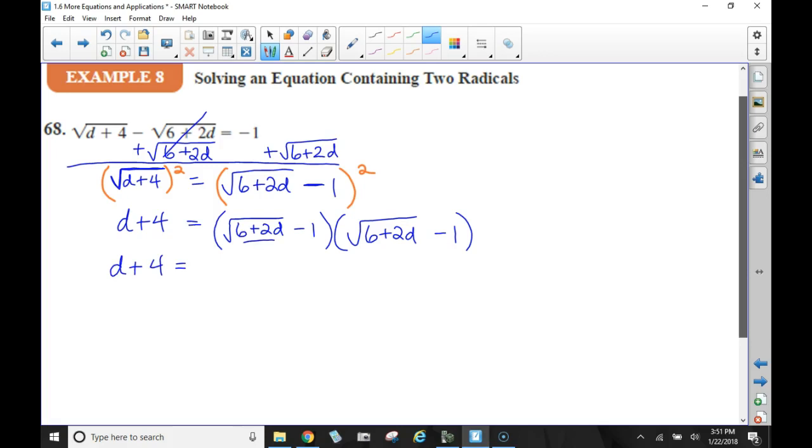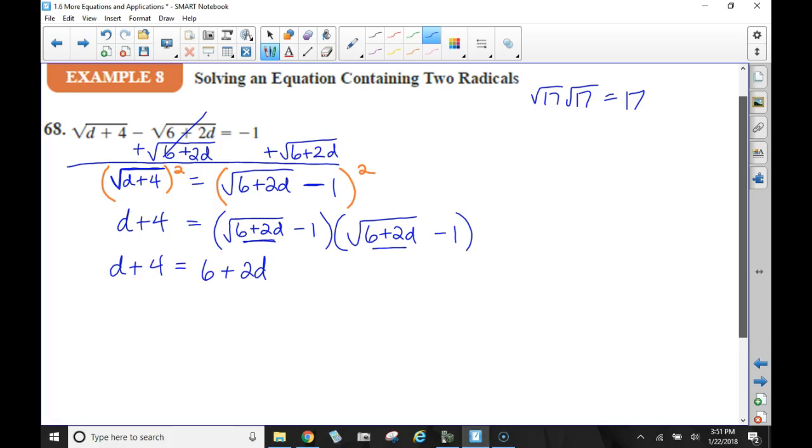When we take first times first, the square root of 6 plus 2d times the square root of 6 plus 2d, that is just 6 plus 2d. No radical. Same reason that the square root of 17 times the square root of 17, as an example, is just 17, right? Same thing there. So there's first times first.